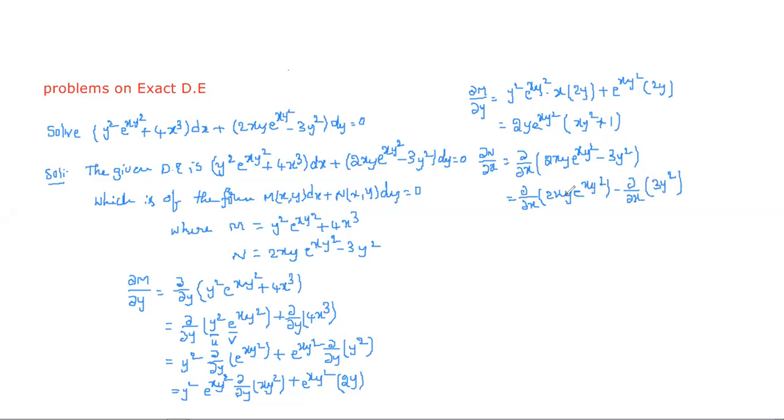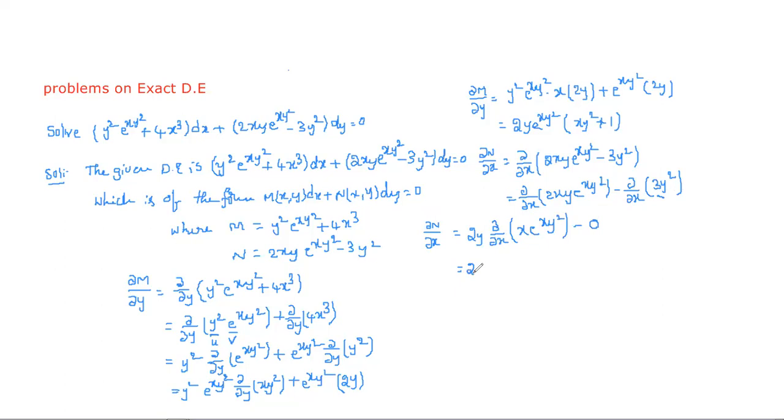With respect to x, y is a constant, so obviously the derivative of that one is 0. And then for ∂N/∂x, with respect to x y is a constant, so 2y you can write outside, and then ∂/∂x of x e^(xy²), and minus this term is 0, because with respect to x, y is a constant.